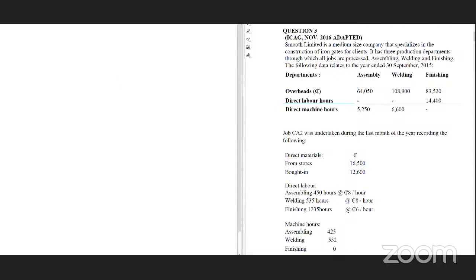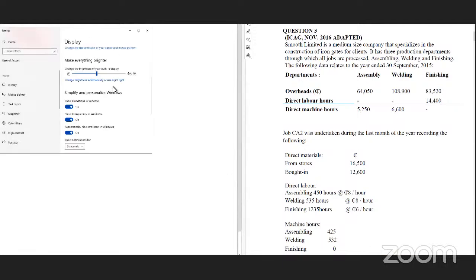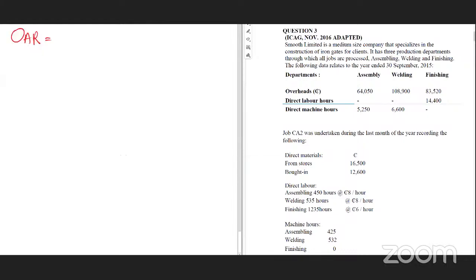I told you the formula for overhead absorption rate comes with a lot of maths. In the exam, make sure you always get the overhead absorption rate.